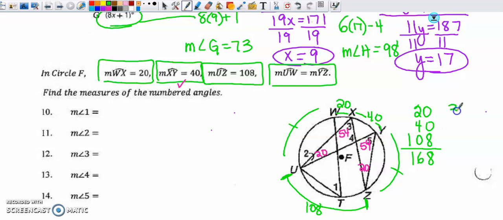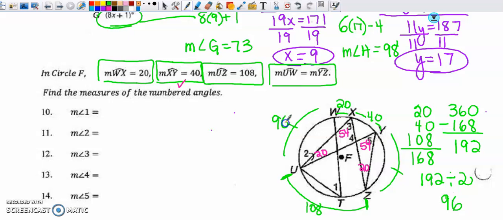I'm going to take 360 degrees minus the 168 that I already have, and that gives me 192. So those two last arcs have to add up to 192, and they are congruent. So I'm going to divide 192 by 2 to get 96. So that means this arc over here is 96, and this arc here is 96.